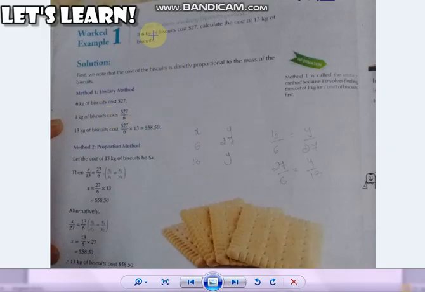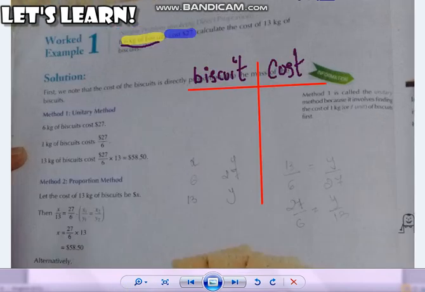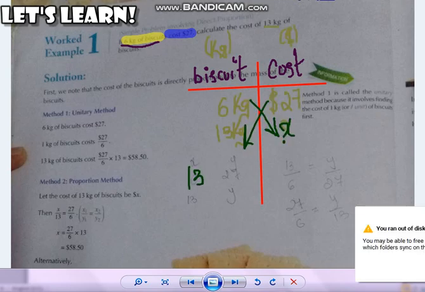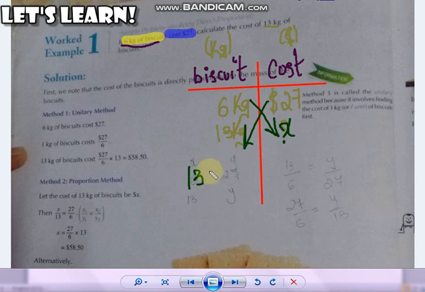I'm going to refer to worked example number 1 from an Oxford book. So if I zoom in a bit, 13 is multiplied by 27, and then I will put an equal sign, then 6 kg multiplied by the x.